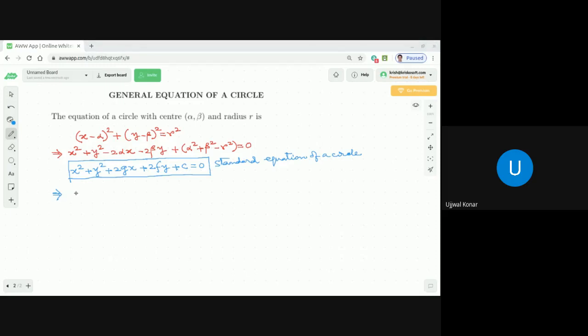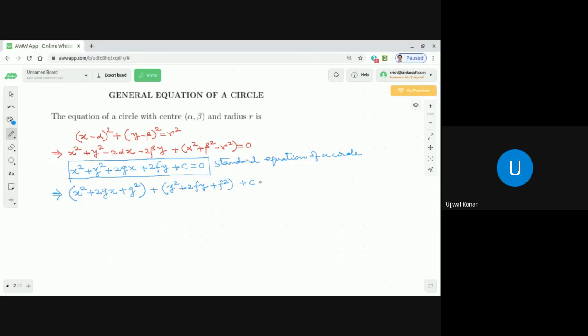So what we can write is x square plus 2gx plus g square, this is one thing, plus y square plus 2 into f into y plus f square, then plus c was there.